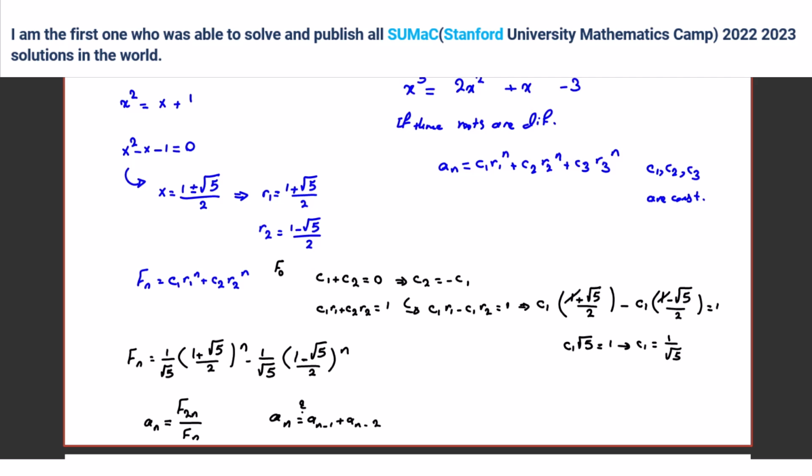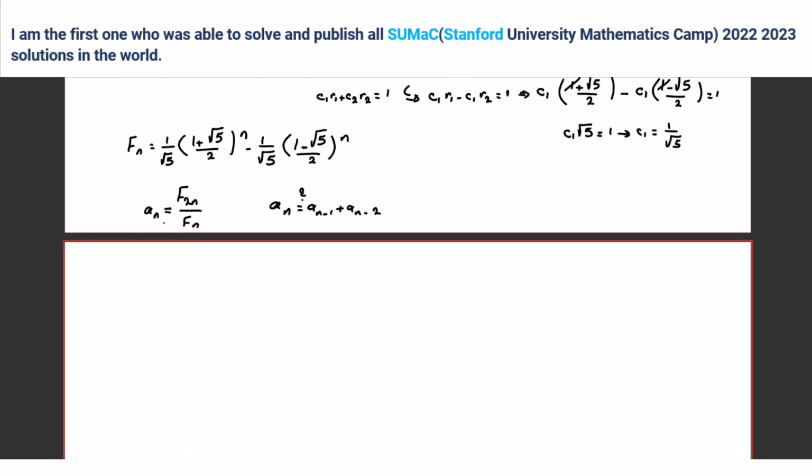Yes, here we can use variables r1 to the n, r2 to the n. a_n is equal to c r1 to the 2n minus c r2 to the 2n, right?